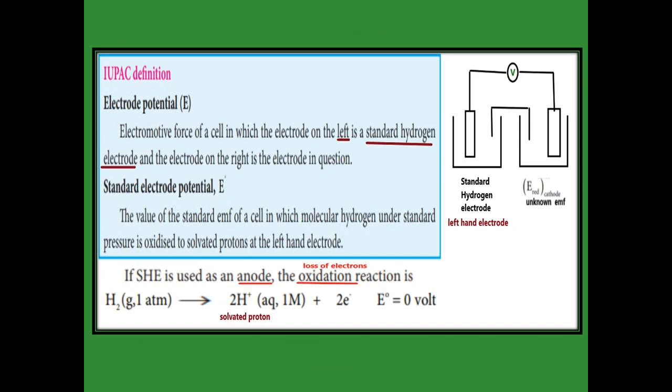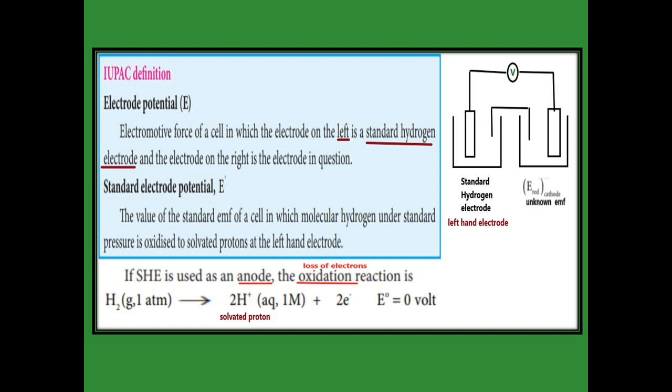The IUPAC definition for electrode potential is the electromotive force of the cell in which the standard hydrogen electrode should be placed on the left hand side, and the electrode for which we have to find out the EMF should be placed on the right hand side. You see the diagram.